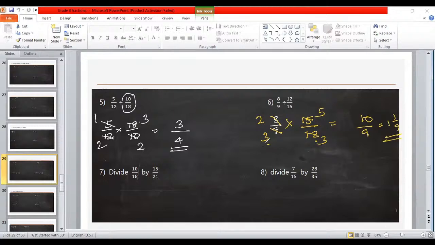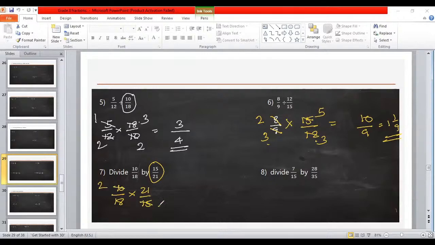Again, we'll check 3. Here 5. Here 2. Here 3. 2 times 5, 10. 3 times 3, 9. Divide by 10 over 18. Multiplied by, write the reciprocal here, 21 over 15. Can divide. How many 5's here? 2.